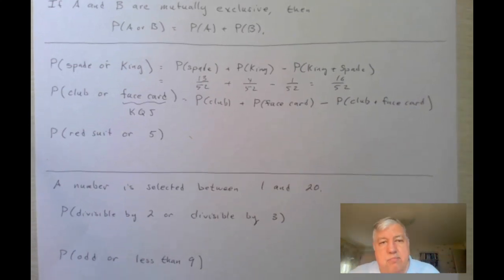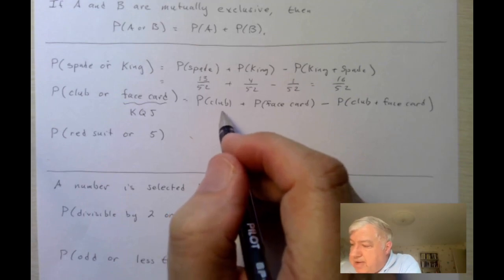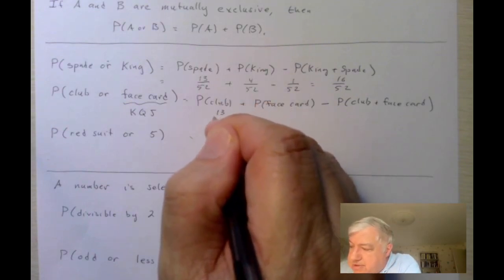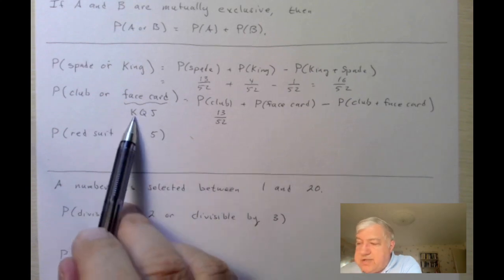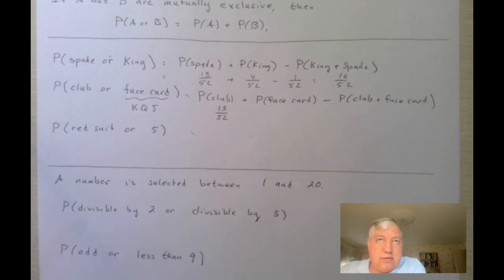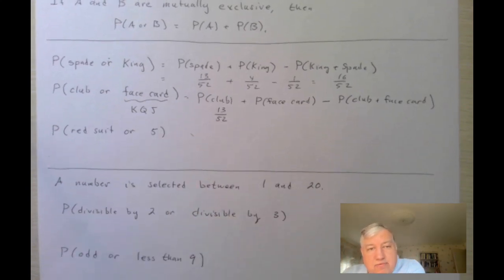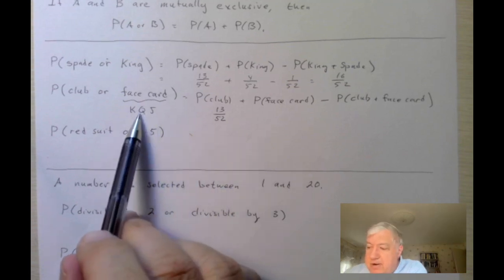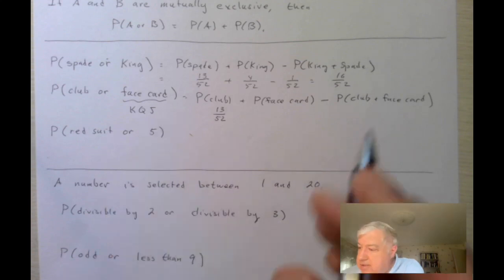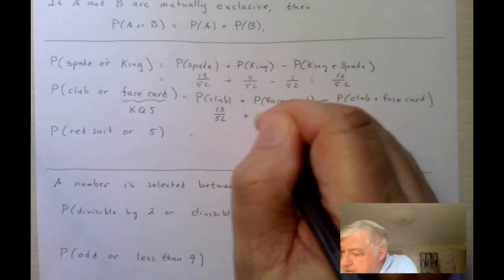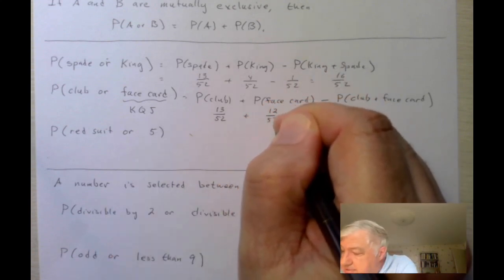Okay, now the probability of a club, there are 13 clubs in the deck, so this would be 13 over 52. A face card is either king, queen, or jack. For every suit there are 3 face cards, there are 4 suits, so there are 12 face cards in the whole deck. So this would be plus 12 over 52.